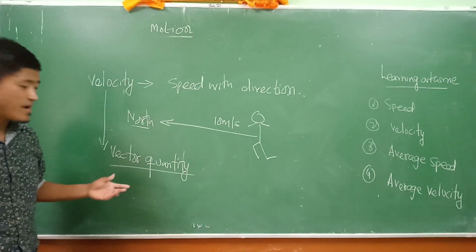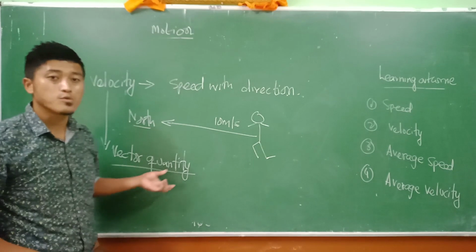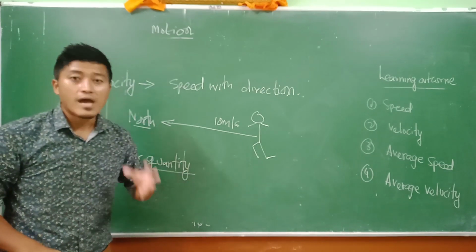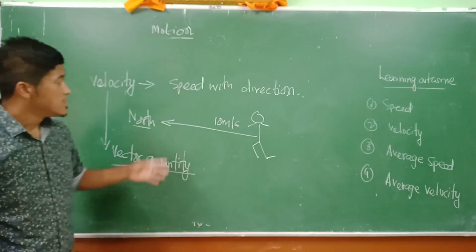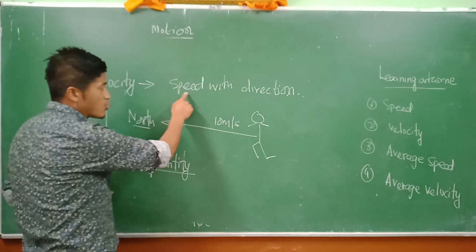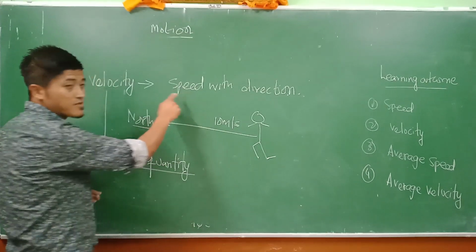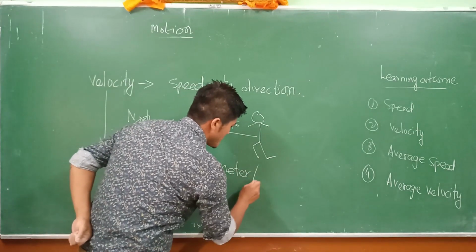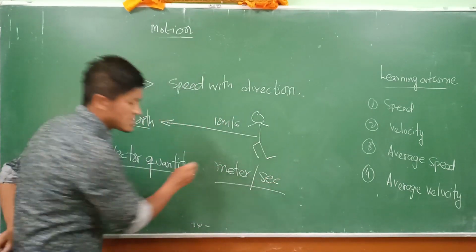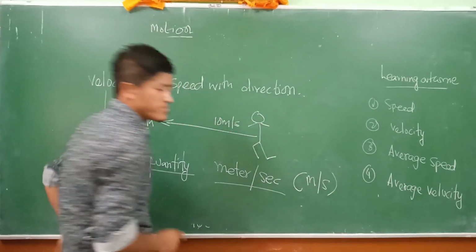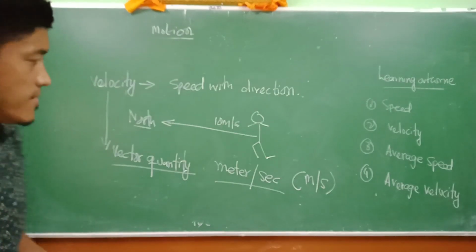As I have defined already, vector quantities are those physical quantities where you can see both magnitude and direction. Is that clear? So once again, since velocity is a type of speed, the unit of velocity is once again meter per second, which you can write as meter per second. Is that clear? Okay.